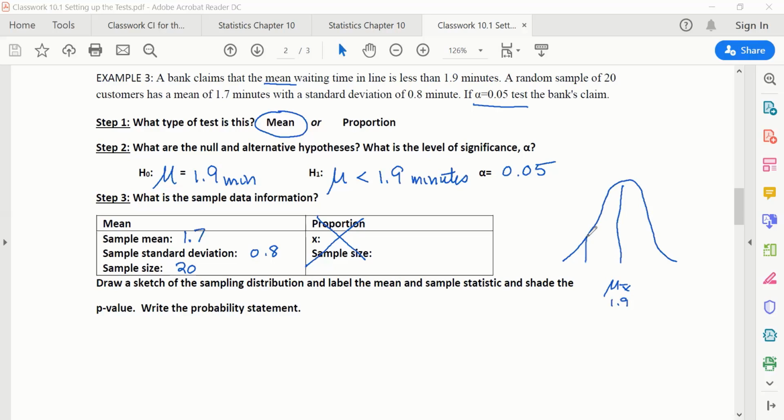And our data, x bar, is 1.7. And this shaded area is our p-value. So the probability that x bar is less than or equal to 1.7 is equal to our p-value, which we would like to be less than or equal to alpha, which is 0.05.